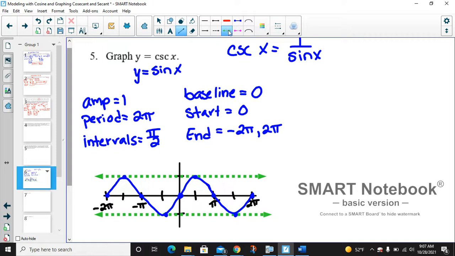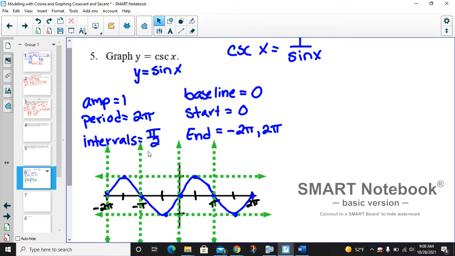So wherever this is 0, I'm going to have a vertical asymptote. Vertical asymptote there, there, here, and here. I guess I would have another one here as well. Might as well finish it out.